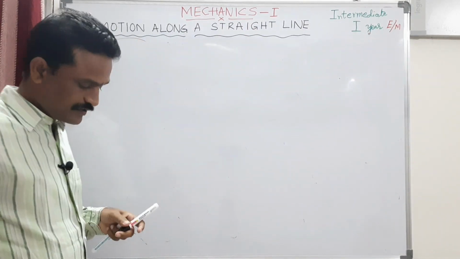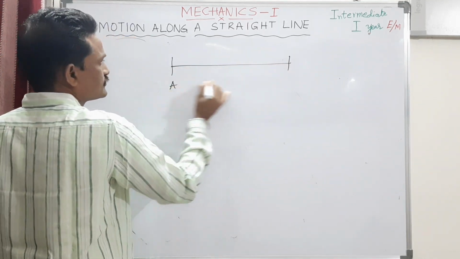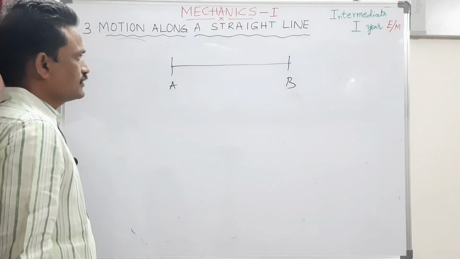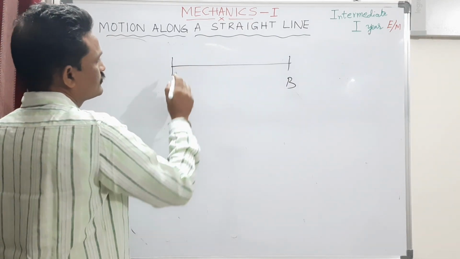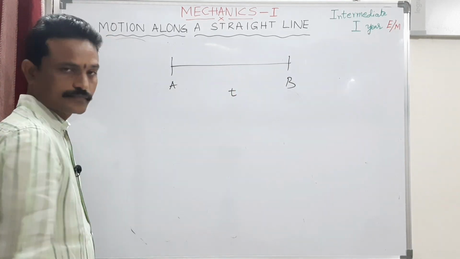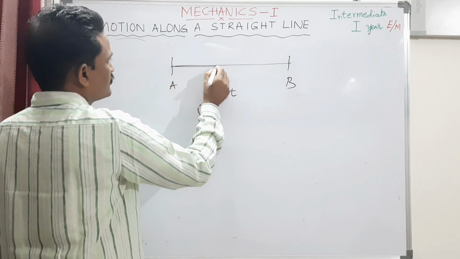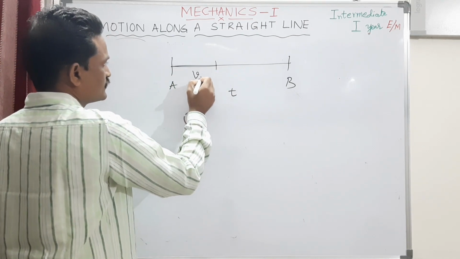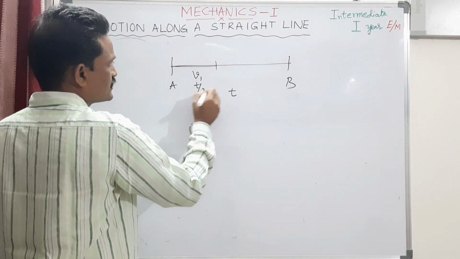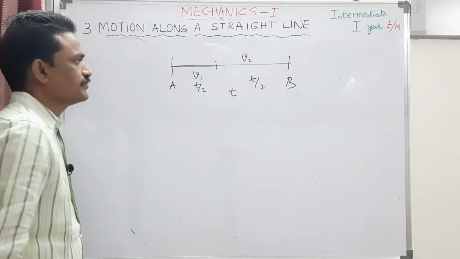Now take the example of a person who is traveling from point A to point B. Let us say somebody is going on a bike. Let us say he covered this distance in a time period t. In the first half of the time period, he traveled with a speed or velocity v1, and in the next half of the time, t by 2, he traveled with a speed v2.